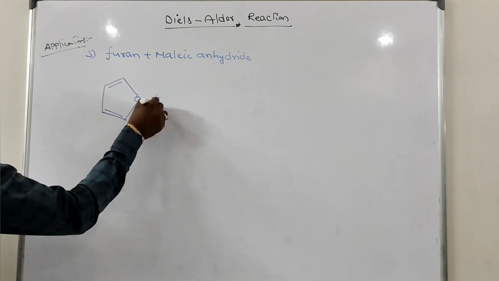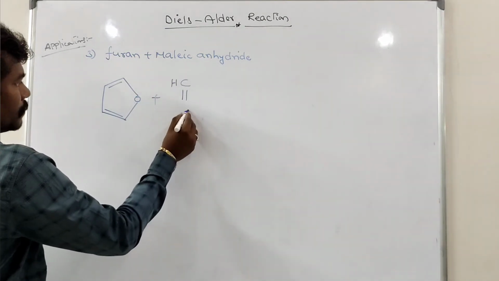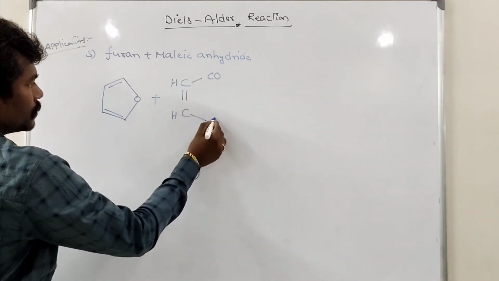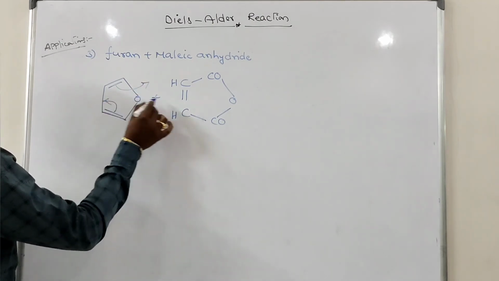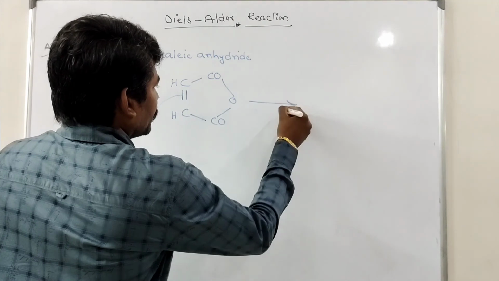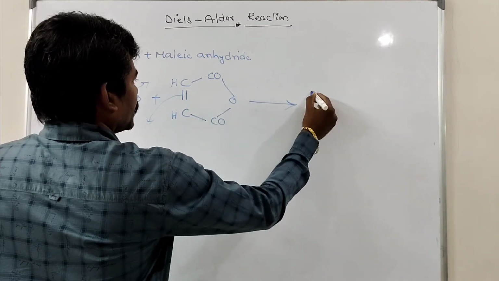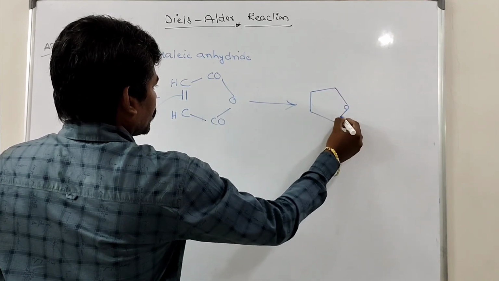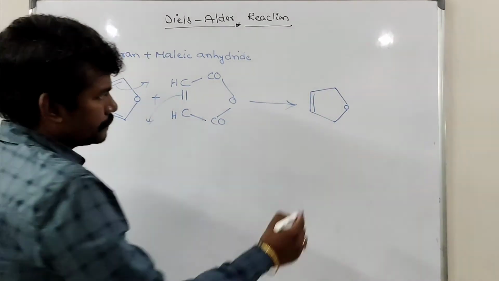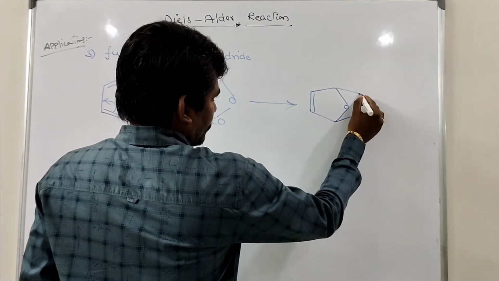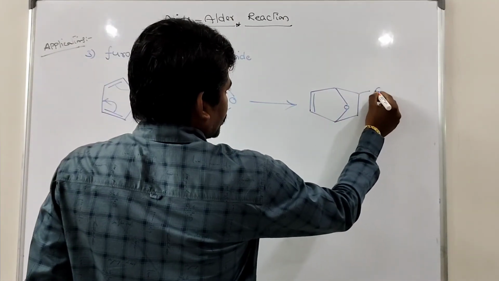Maleic anhydride has CH=CH, CO, CO, O. Again, the shifting of electrons takes place, with CC bond formation like this.